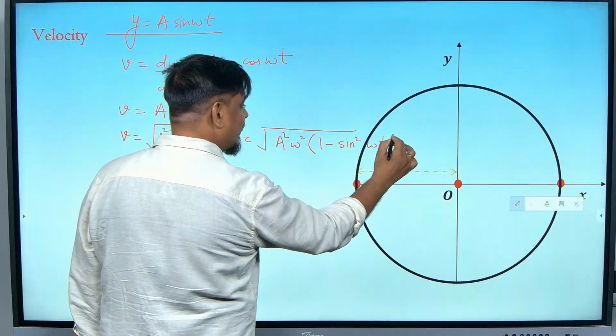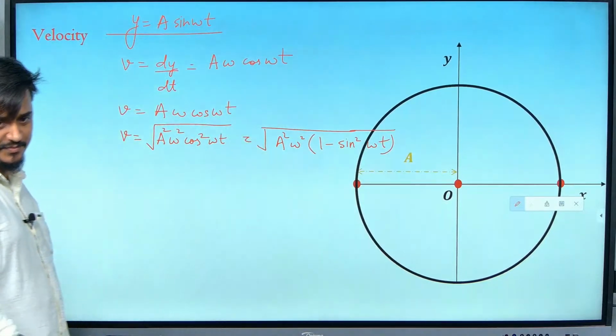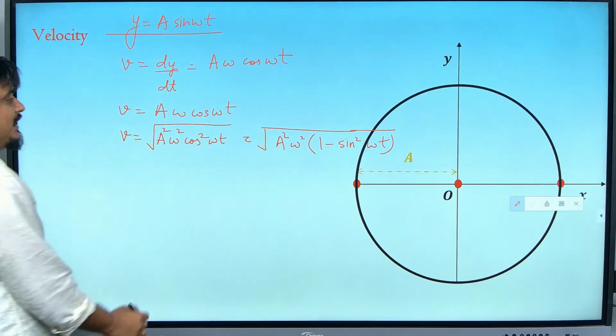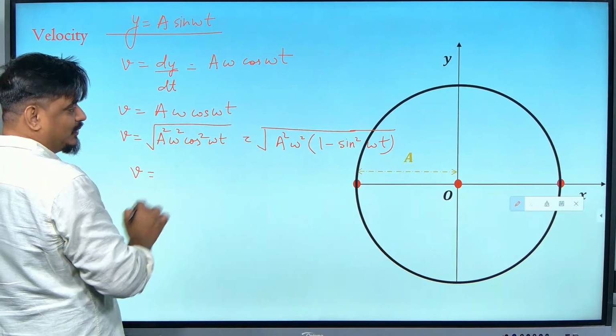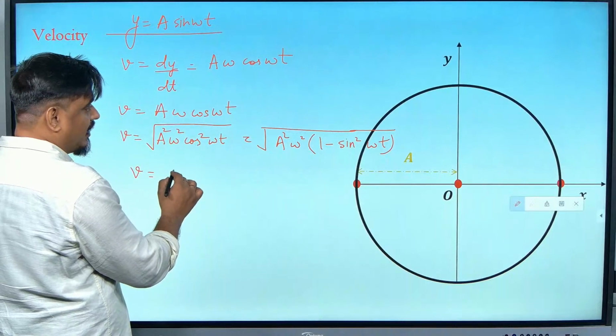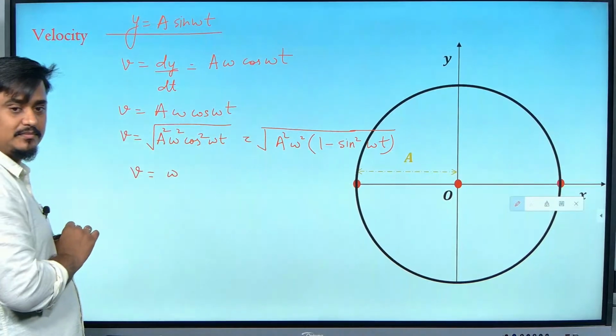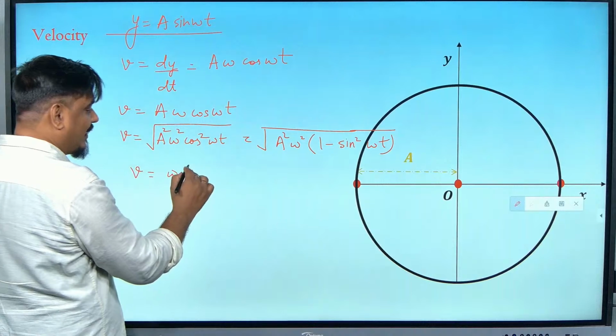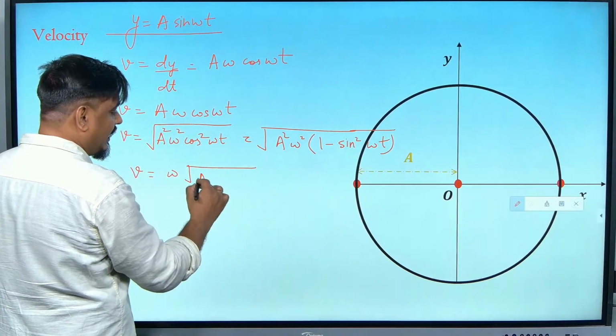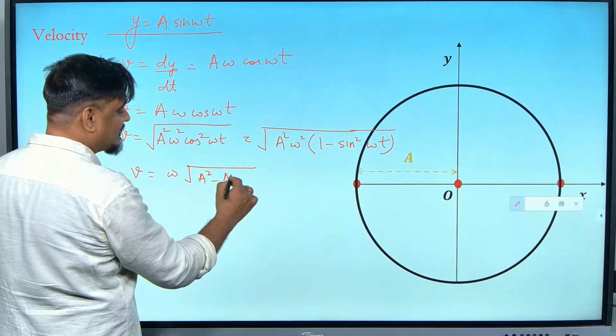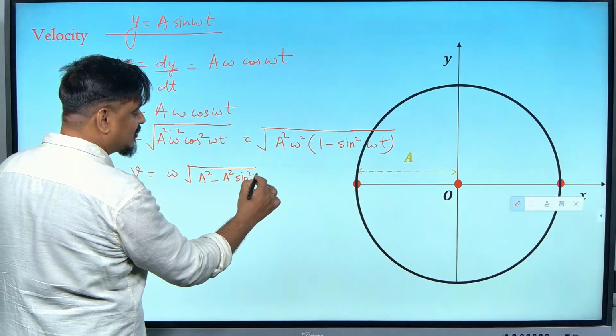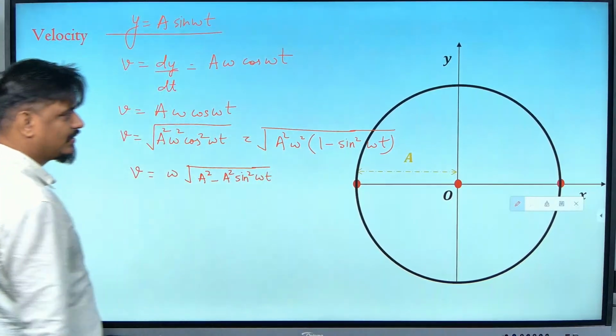Now, why are you doing this? Again a question for you, good. Then I will write V is equal to omega, I will take outside. What remains inside is root over a square minus a square sine square omega t.